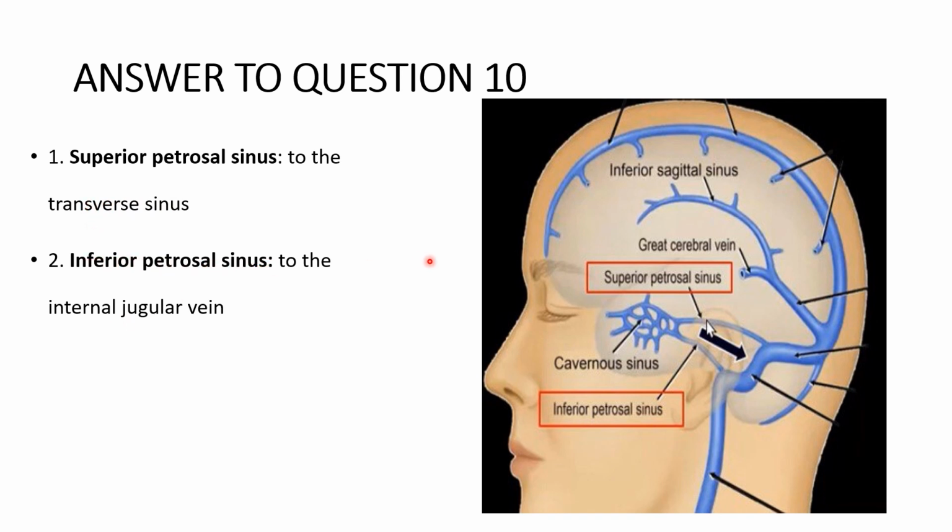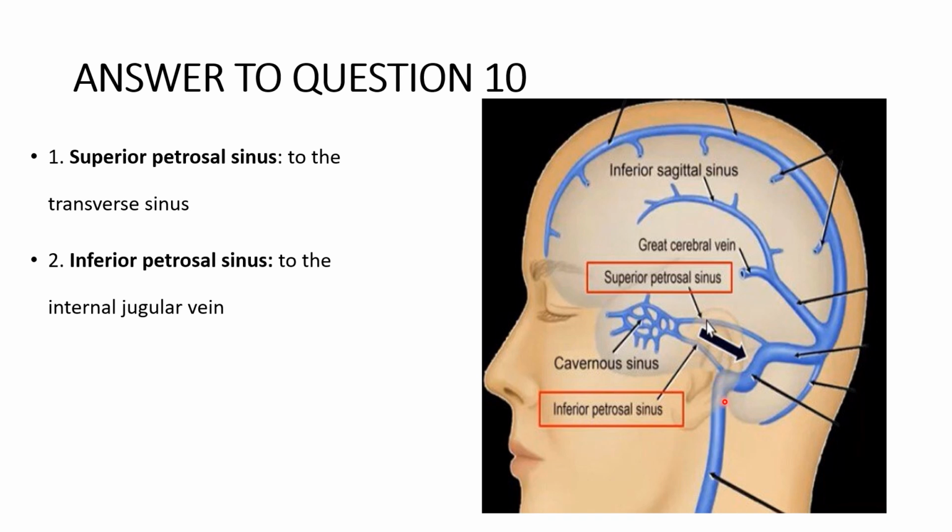So this is the superior petrosal sinus draining into the transverse sinus, where my cursor is, and then you have the inferior petrosal sinus draining into the internal jugular vein.